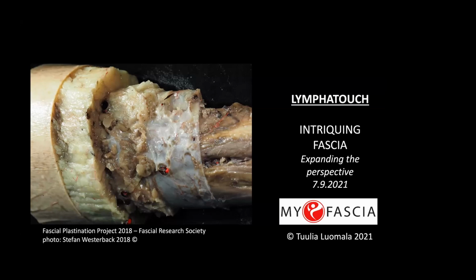So when we look at this picture, in the beginning, on the left side, you can see skin. Then when the skin is taken off, there will be superficial fascia and fat, so adipose tissue, and there will be a layer of fascia in between that one.